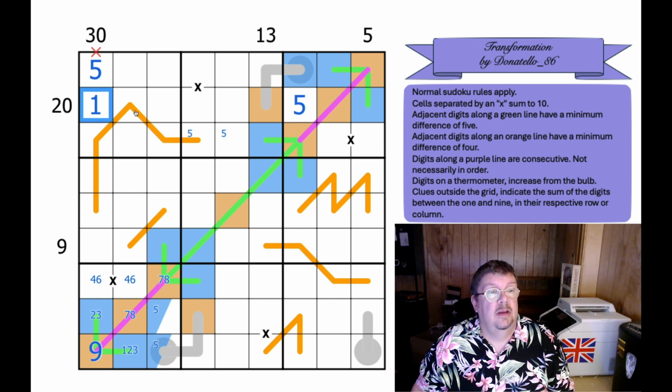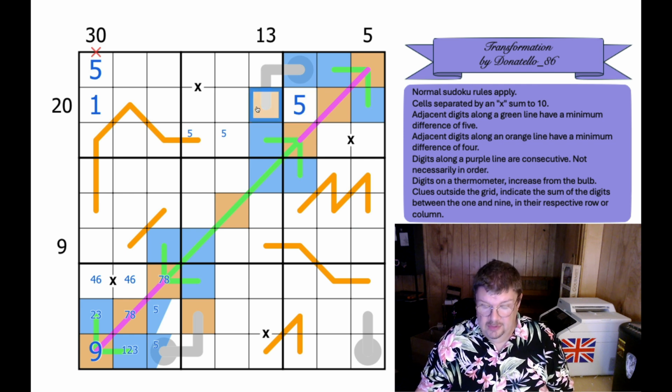So now it has to be exactly 4 digits, because although I could do 5 digits of 2, 3, 4, 5 and 6, which would make 20, first of all, I have a 5 already used, and secondly, this digit here would have to be the 9.